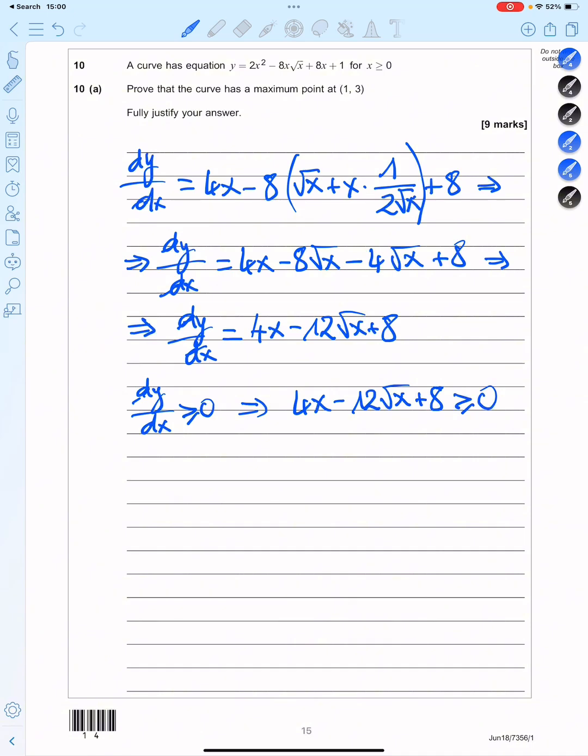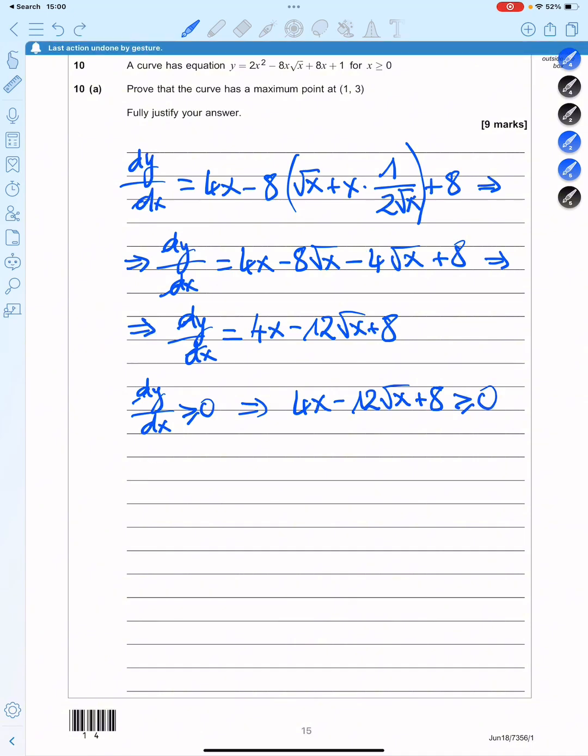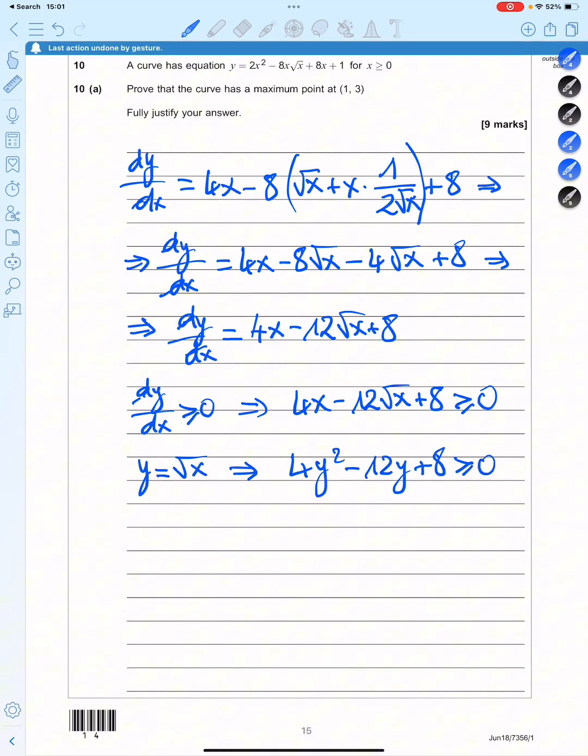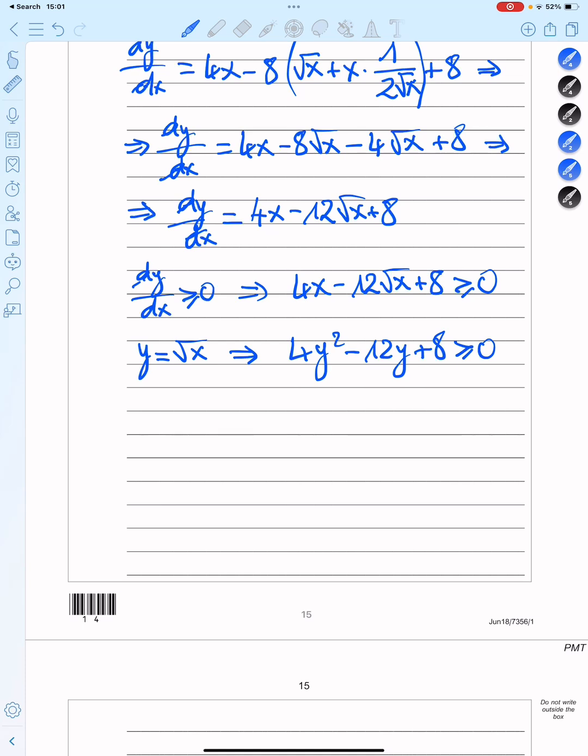So I'm going to substitute root x by y, so y equals root x. This implies that I'm going to have 4y squared minus 12y plus 8 positive. Now I'm going to write the associated equation, so 4y squared minus 12y plus 8 equals 0, and I'm going to solve it.